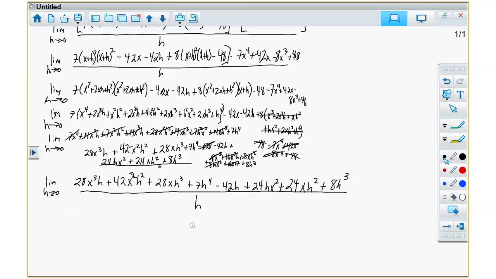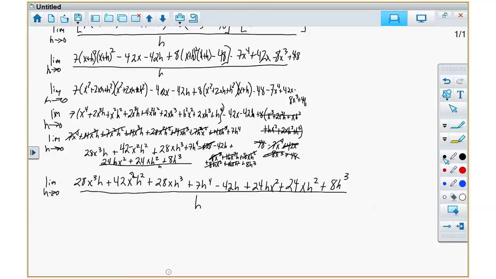Now, is there anything in there? x cubed h. Nope. x squared h squared. Nope. 28xh cubed. Nope. h to the 4th. Nope.